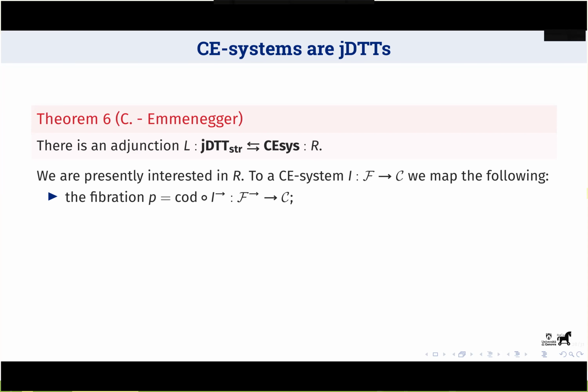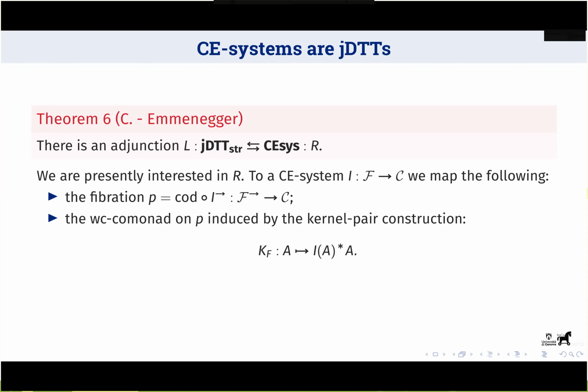The fibration is again that obtained by I followed by COD, and the WC comonad is again induced by the kernel pair construction. So we just need to define a fibration and a comonad, and that is what produces the judgmental dependent structure.